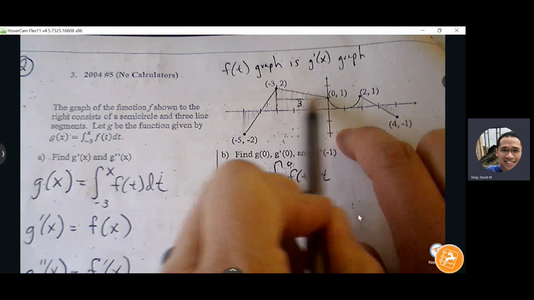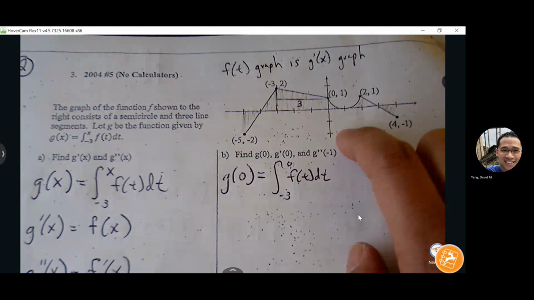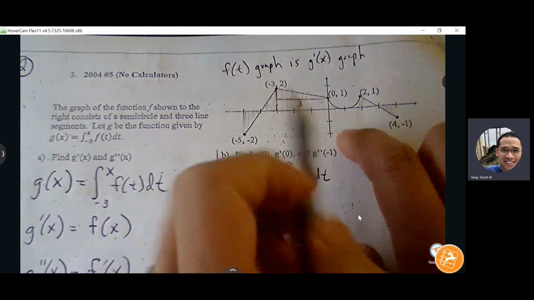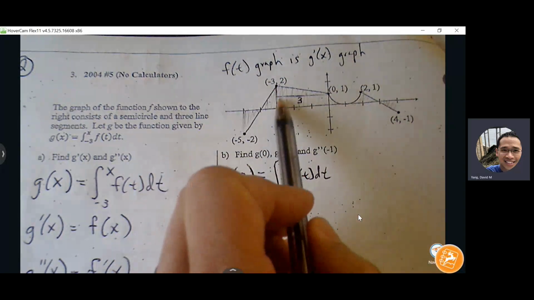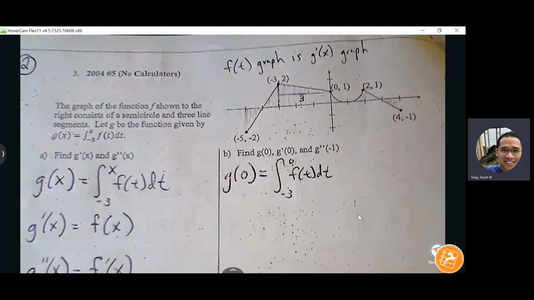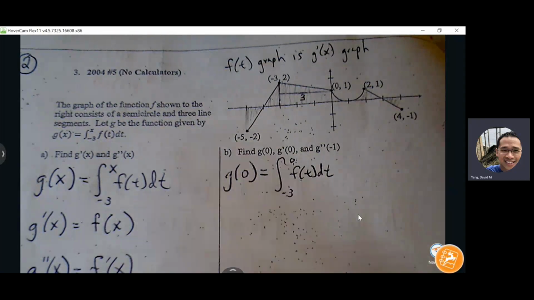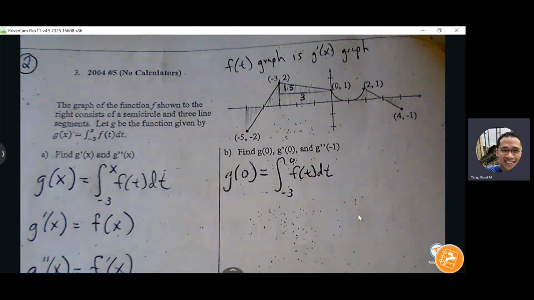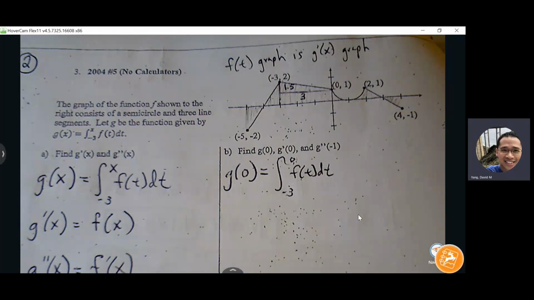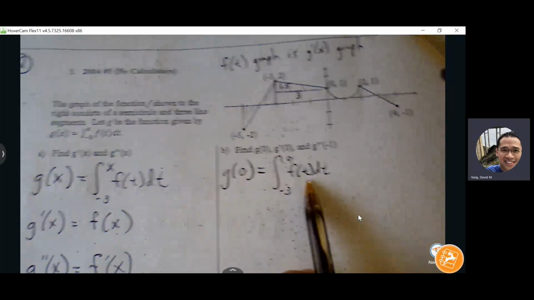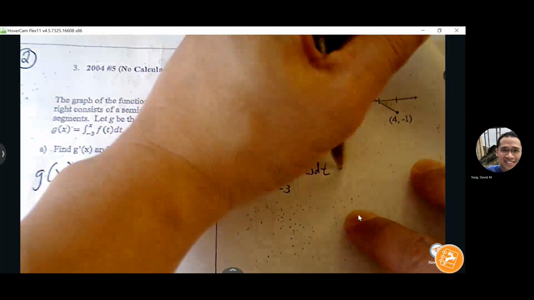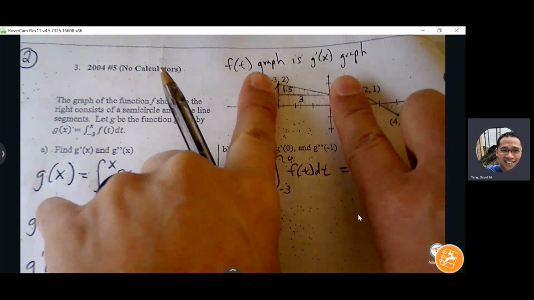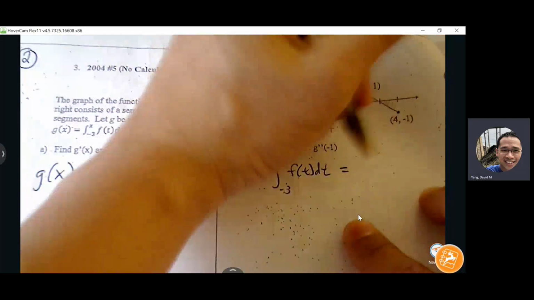And the triangle on top? 1/2 base times height, so 1/2 times 3 times 2, which is 1.5. It's all above the x-axis. So the definite integral from -3 to 0 of f of t is what? The full region added up together, 1.5.